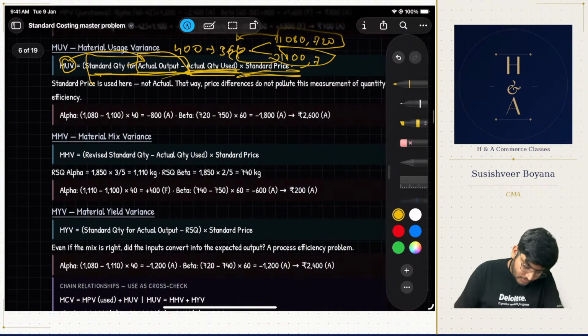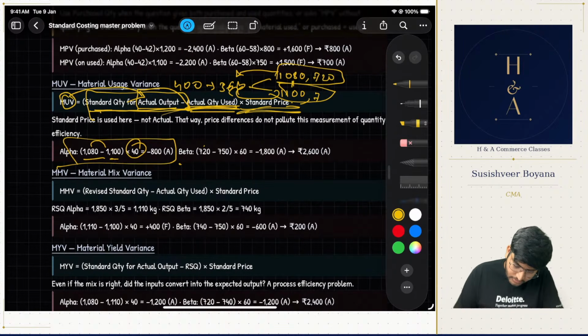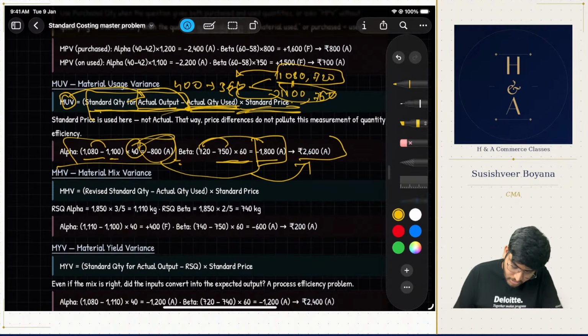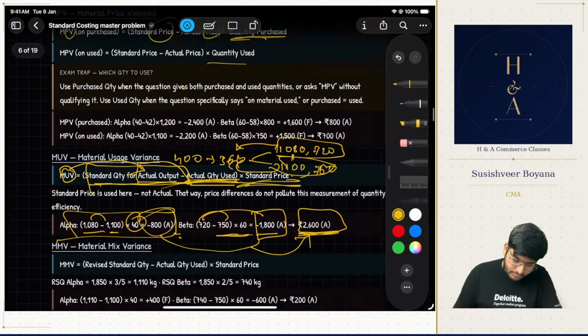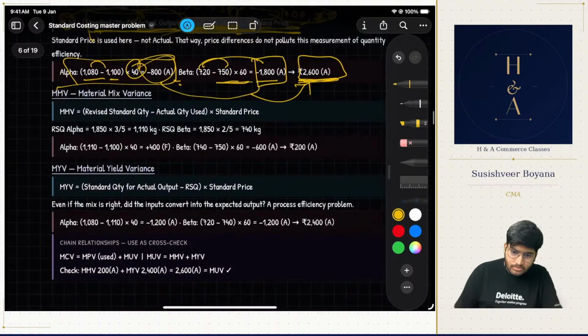Both of them are received, 1000. 1080 minus 1100 into 40 for alpha; for beta, 720 minus 750 into 60. So for alpha we got adverse, minus 800, and for beta it's also adverse, 1800. Net off together we got an adverse of 2600. I'm not dwelling on the numerical part because calculations can be done by you.